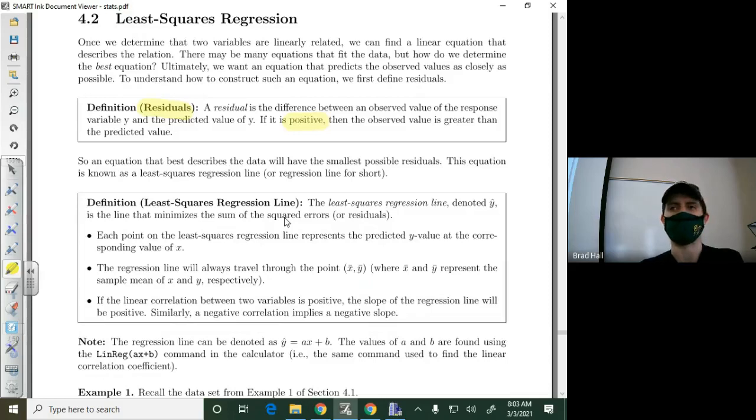These residuals, these differences between observed values and predicted values, lead to this concept called a least squares regression line. This line, the namesake of the section, is a line that is used to best fit a collection of data points.